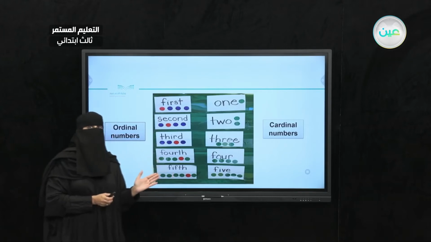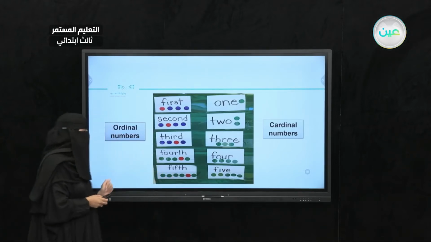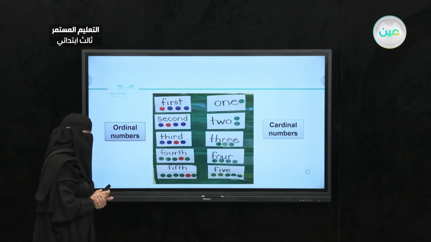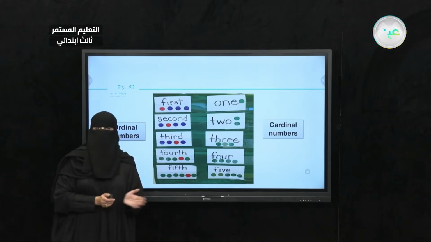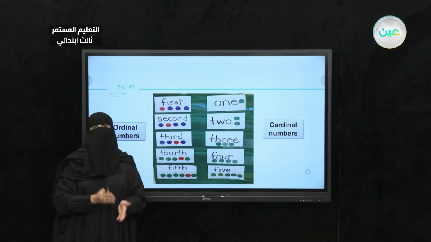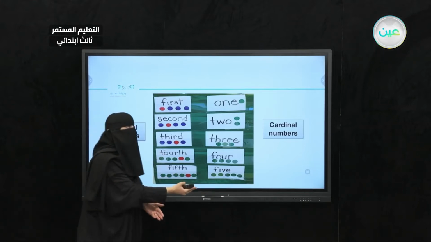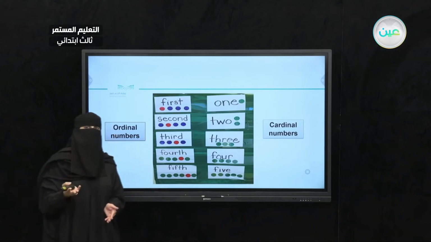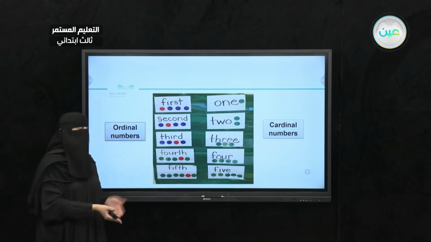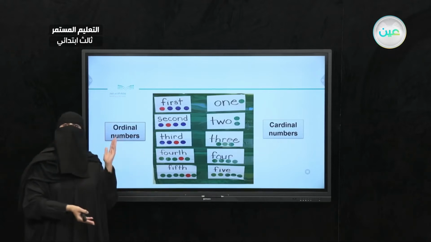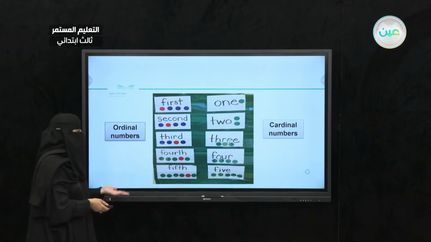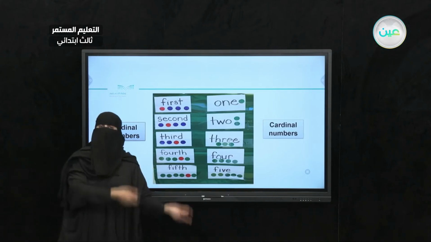Not first, not second, but third. Next, I have fourth, and then I have fifth. It's very important to differentiate between cardinal number 1, 2, 3, 4, 5, and ordinal numbers first, second, third, fourth, fifth, 6th, and so on.